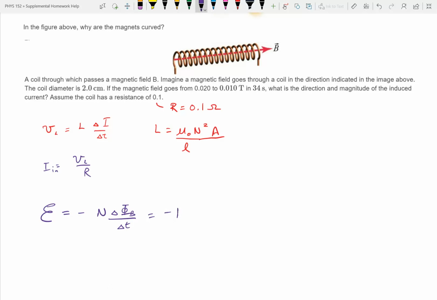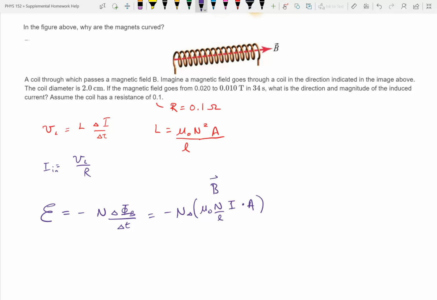And so you'd have minus N, and the flux is the magnetic field times area, isn't it? Oh, no. Maybe not. That was B times A. So that's B is the first one here.